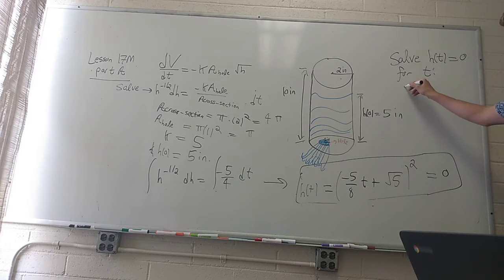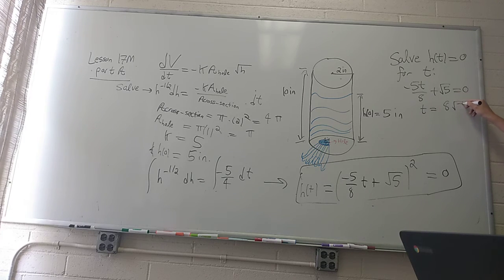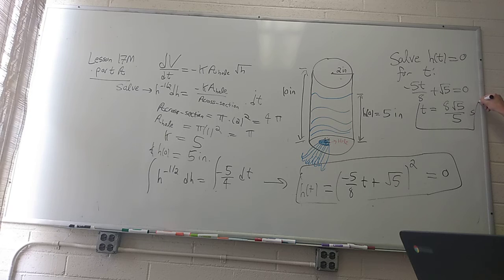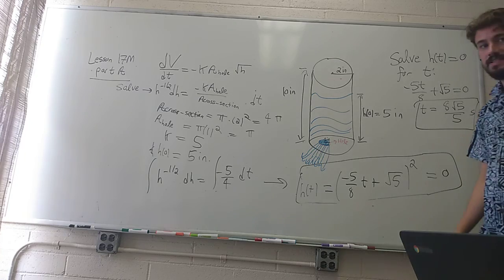So in this case, negative 5t over 8 plus square root of 5 has to be equal to 0. That means t is equal to 8 square root of 5 over 5. Okay, if this was an exam, you could leave your answer like this, that's fine. If you want, you can use a calculator to find out exactly how many seconds this is.